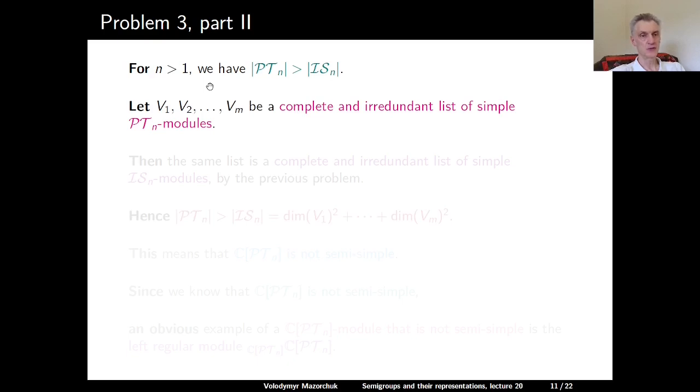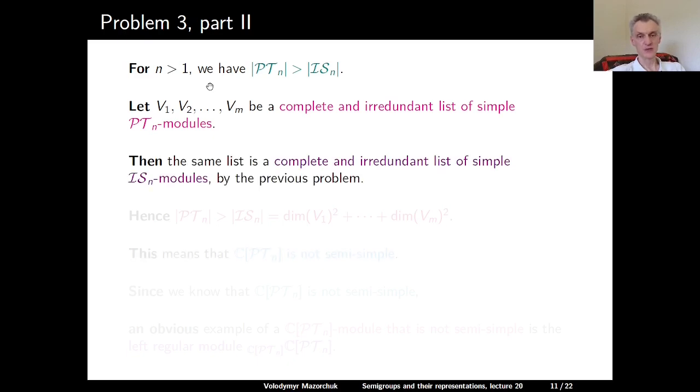Let V1, V2, and so on Vm be a complete irredundant list of simple Ptn modules. Then, by the previous problem, the same list is a complete and irredundant list of simple ISN modules for the restricted structure. Therefore, the cardinality of Ptn is strictly greater than the cardinality of ISN, but the semigroup algebra of ISN is semi-simple.